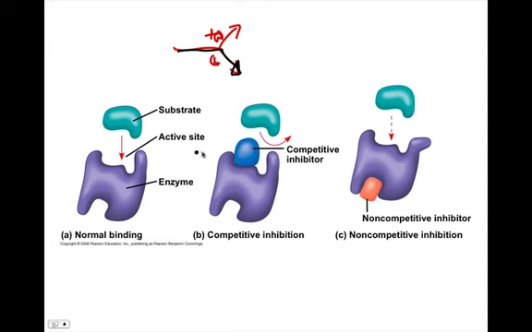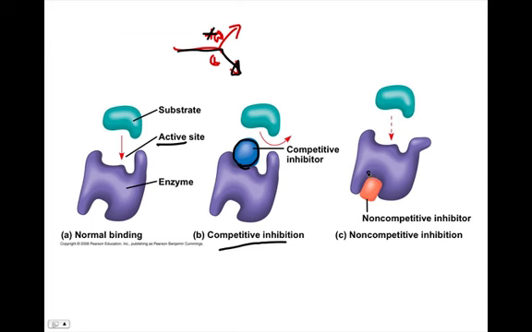This shows examples of two ways of inhibiting an enzyme. There is something called a competitive inhibitor. Competitive inhibitors bind to the active site of an enzyme and physically block the substrate from binding. So here's a competitive inhibitor blocking access to the substrate, and so it's going to stop that chemical reaction.